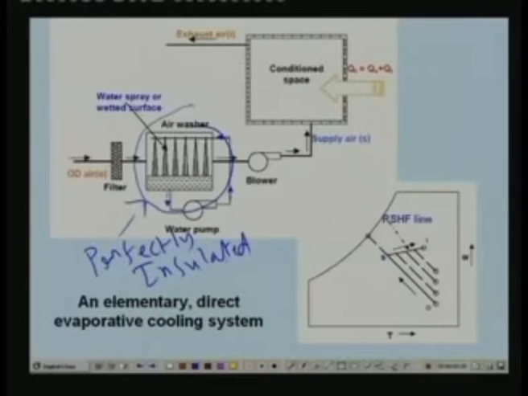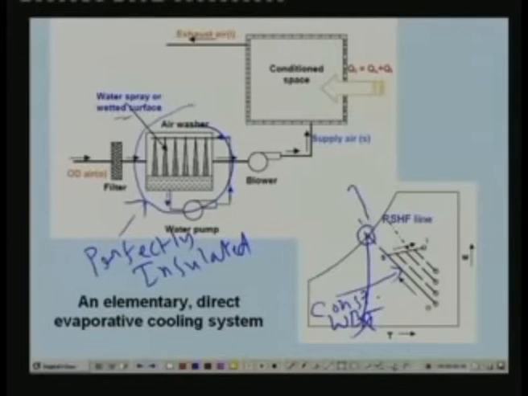That means the process is adiabatic, and there is an infinite area of contact between the air and the wetted surface. In such cases the process line follows the constant wet bulb temperature line, and the exit condition will be the same as the wet bulb temperature. That means the exit will lie somewhere here.